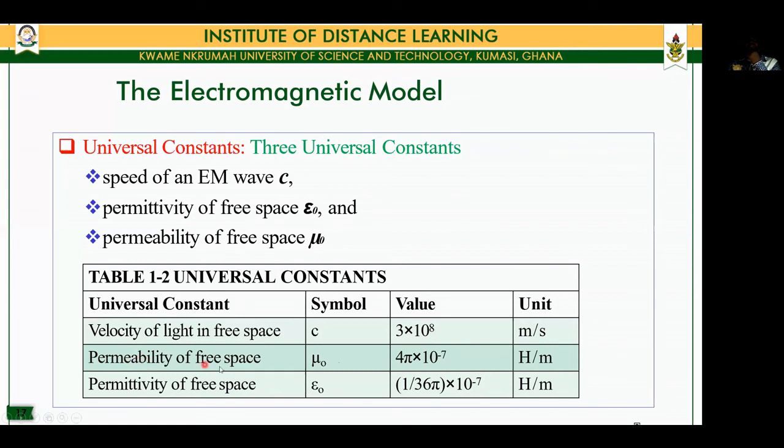The permeability of free space is 4 pi times 10 to the power minus 7 henries per meter. Permittivity of free space is 1/36 pi times 10 to the power minus 9, and this is farad. Sorry, this is farad per meter, not henries per meter.